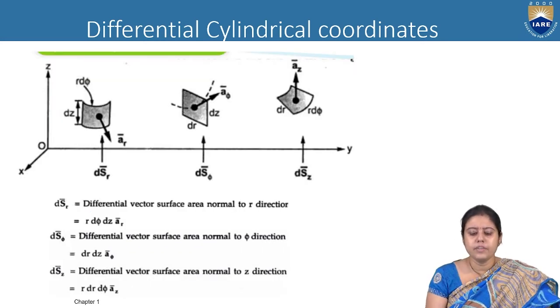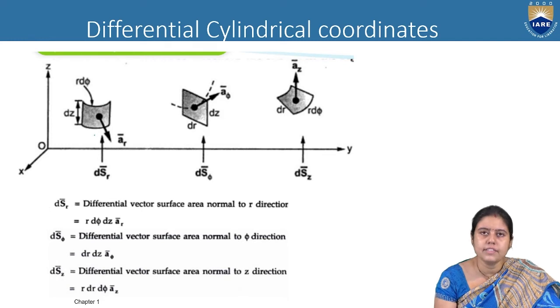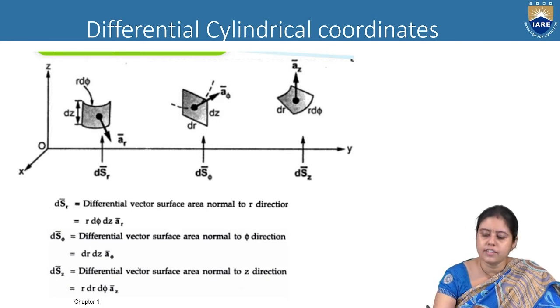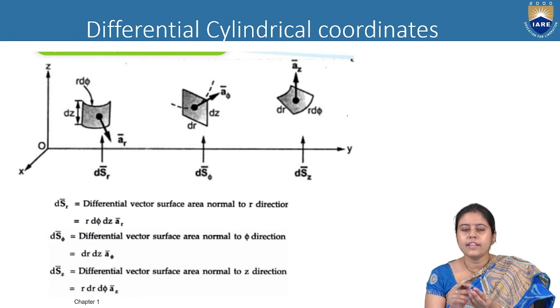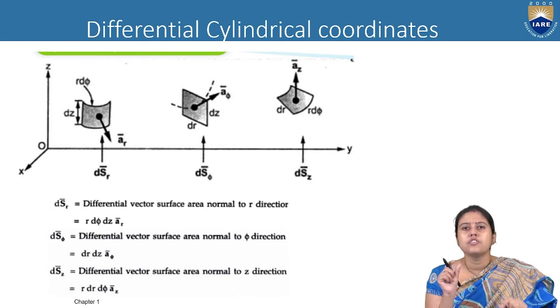Similarly, already we have discussed, we will get the surface. When the z is constant, what is the surface area? Z is constant, means the circle. In the case of the small differential part, means a small rectangle or small cube.